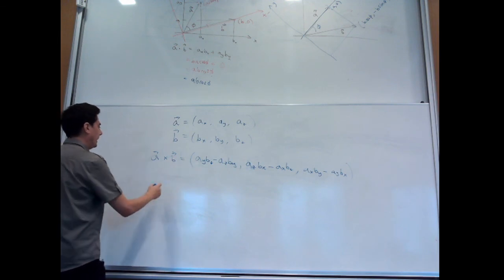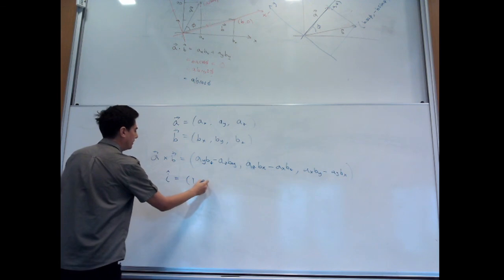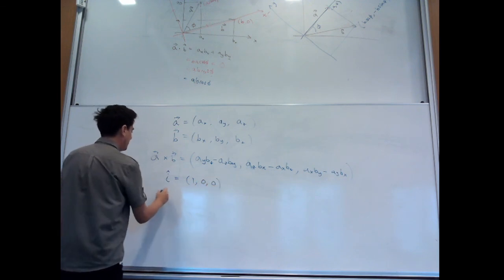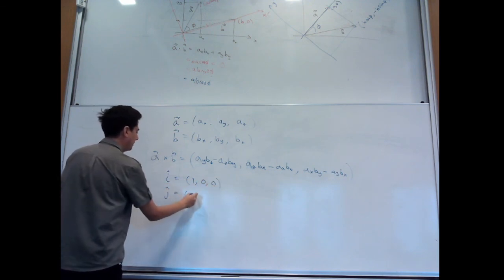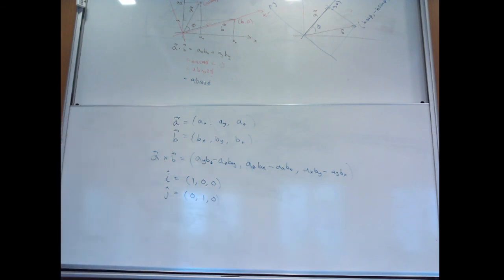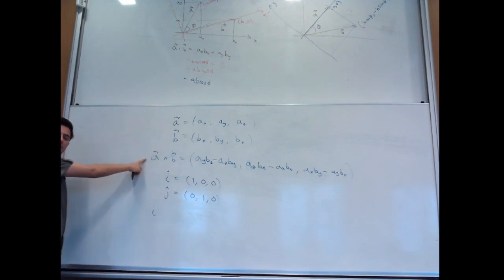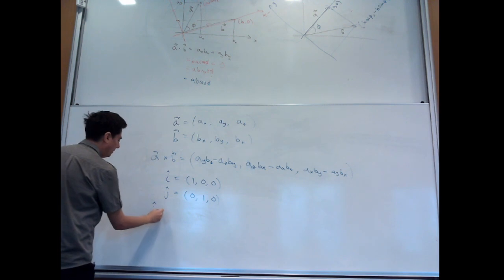So for the particular case of the unit vectors, i is 1, 0, 0, right? And j is 0, 1, 0, right? So let's work out, according to the definition of the rule, what i cross j is.